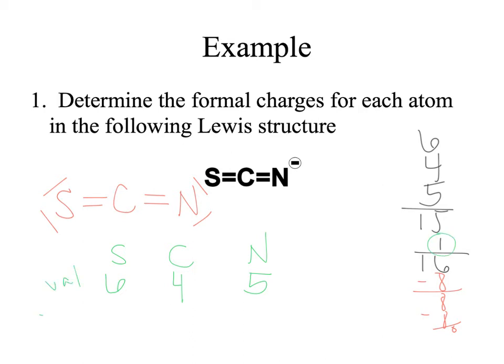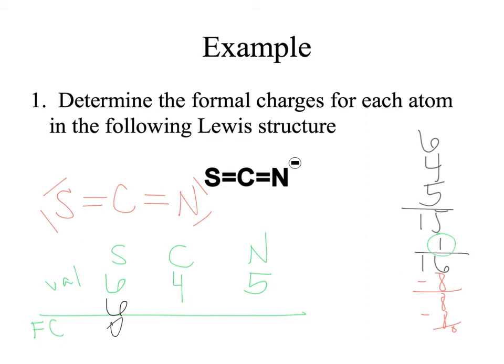We're going to take away electrons that are assigned to them, and our formal charge, our FC, will be the difference. So let's look at sulfur. Sulfur here has 1, 2, 3, 4 electrons plus half of this double bond, which is another 2. So sulfur has 6 electrons assigned to it. 6 minus 6 is 0.